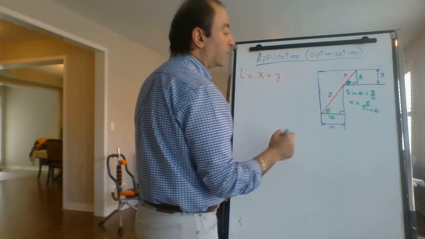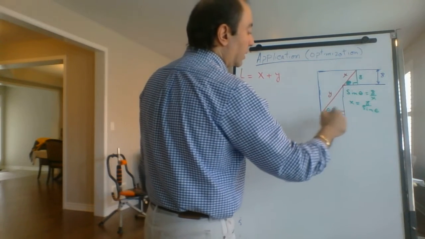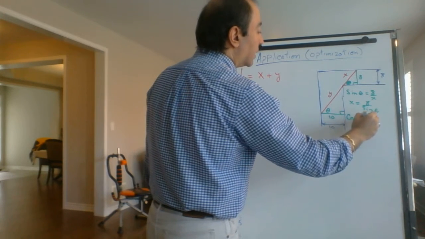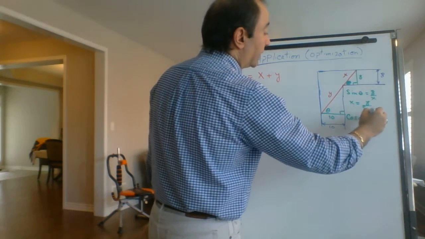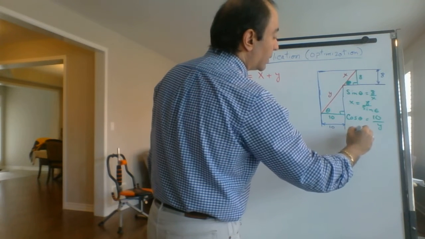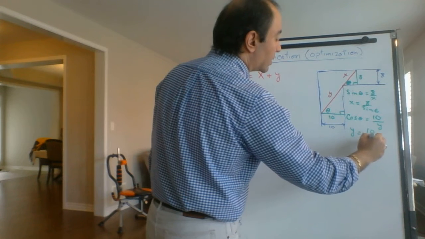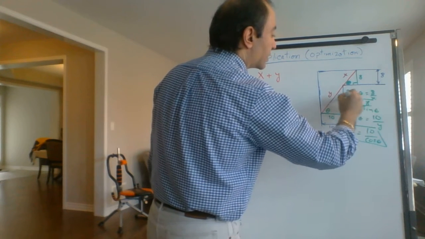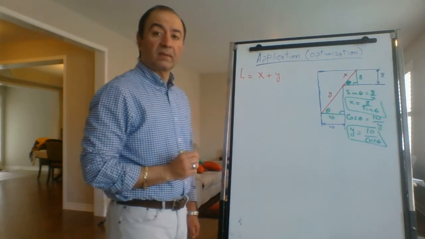And in this right triangle, this is adjacent and this is hypotenuse, so I can say cosine theta equals 10 over Y. So Y equals 10 over cosine theta. So this is Y and this is X in terms of theta.